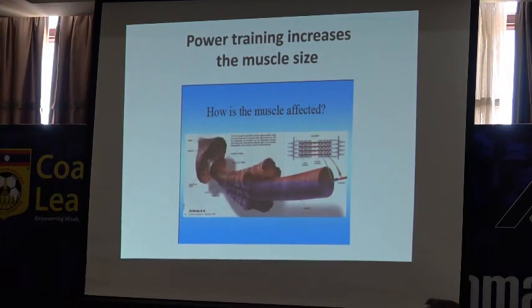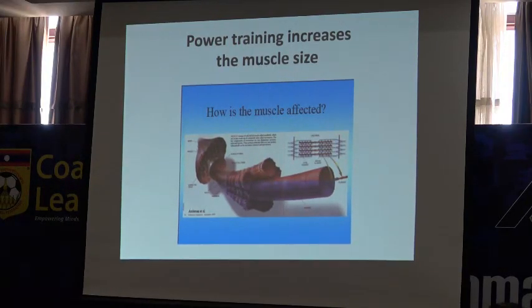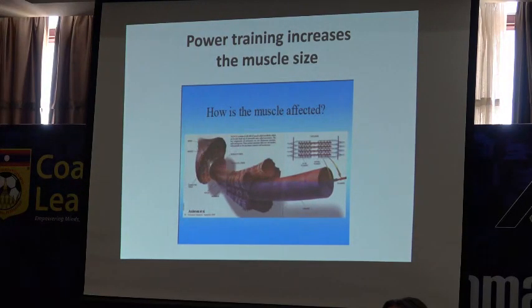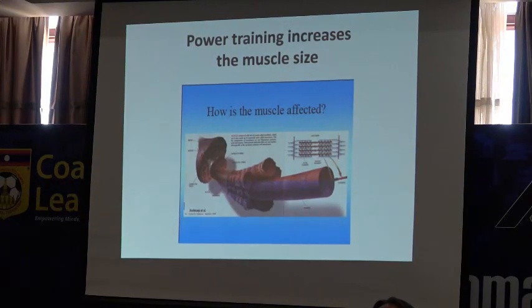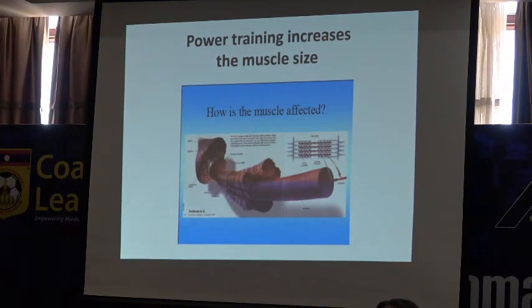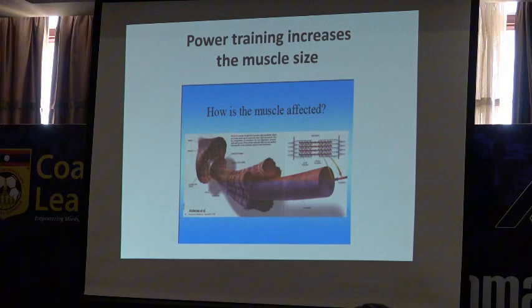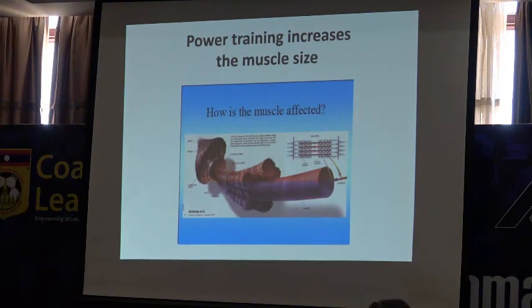Marathon runners, they are almost only type 1 fibers in the legs. Sprinters are almost only type 2 fibers in the legs.